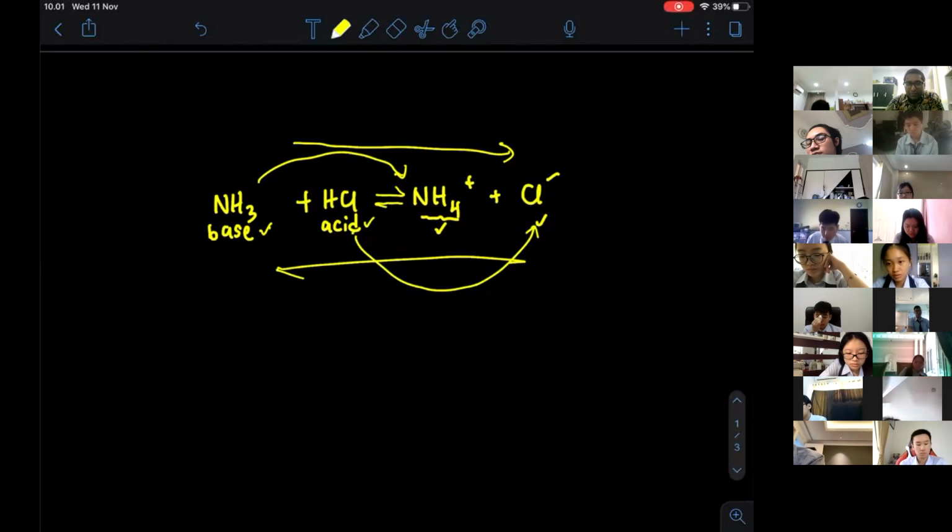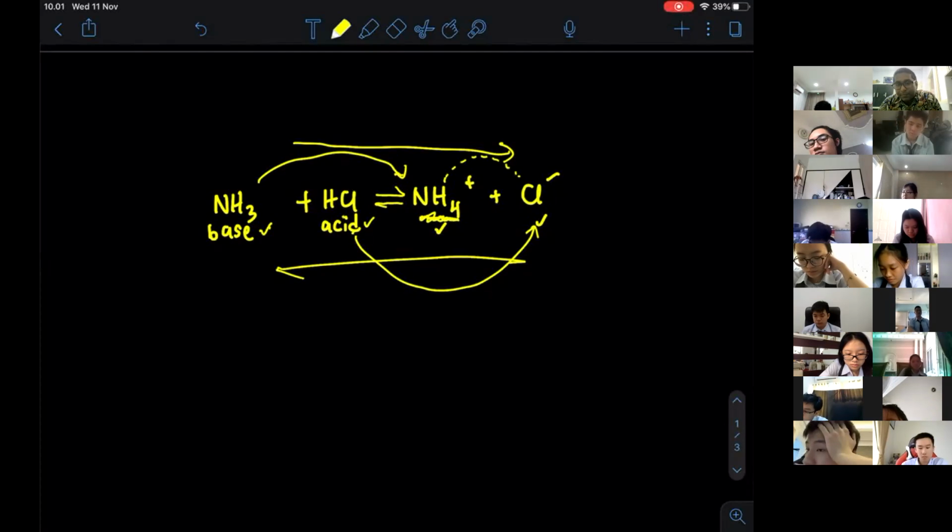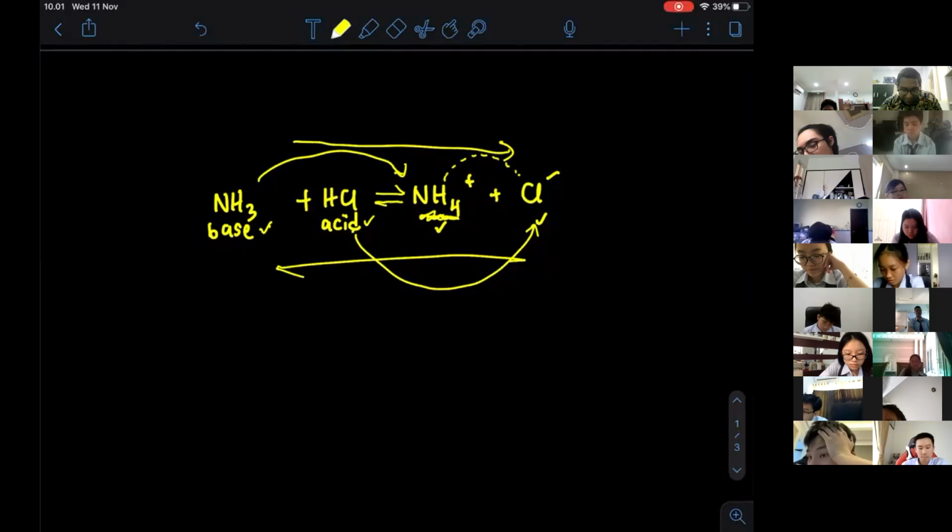Now, when the reaction is moving backwards, the ammonium will give away H plus to Cl minus to give you HCl, and NH3 is going to be formed. It means if the backward reaction is happening, this will become acid.